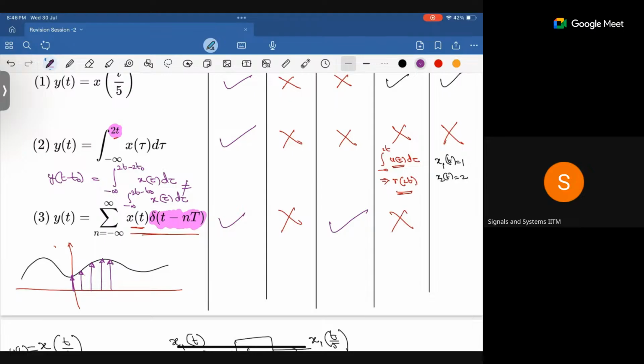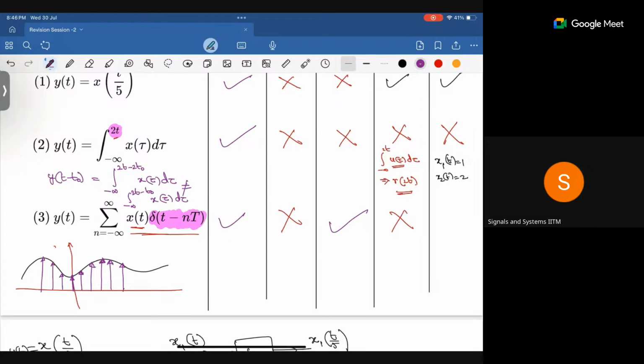And when n is 1, we'll have this. When n is 2, we'll have this. When n is 3, we'll have this. So this is just the sampling. Even the left side also will have samples at the integer points.